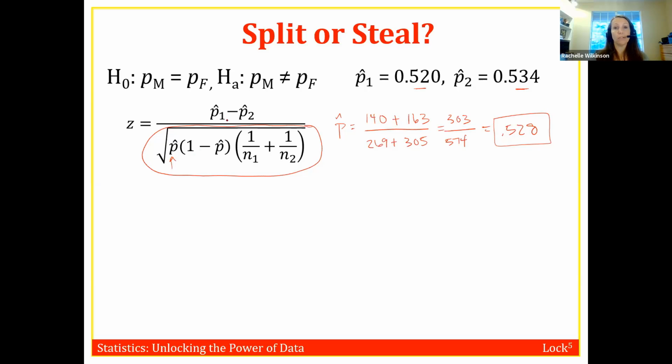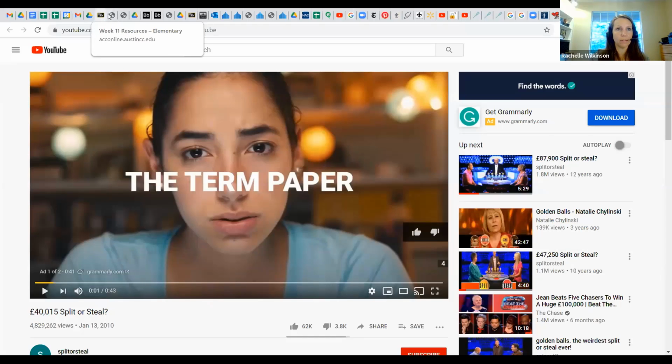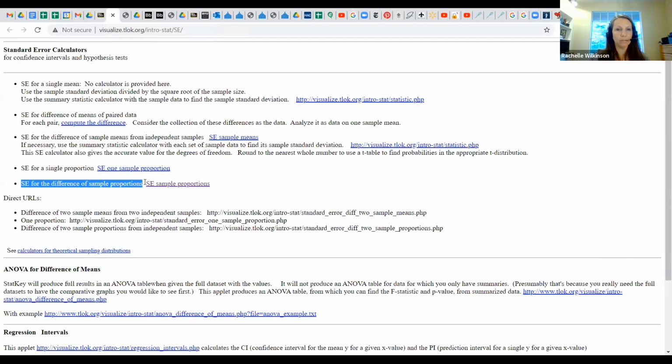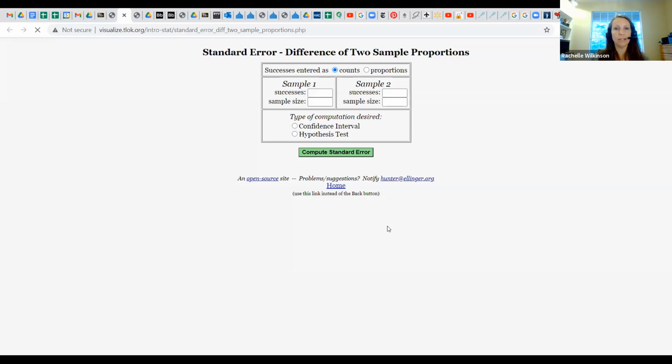But we can also use that fun standard error calculator, so that's what I'm going to go back to here. Let me find it where I have it open. Here we go. Again, I click on the standard error calculator, then click on SE for sample proportions. I put in group 1 for the males, so that was 140 and 269.